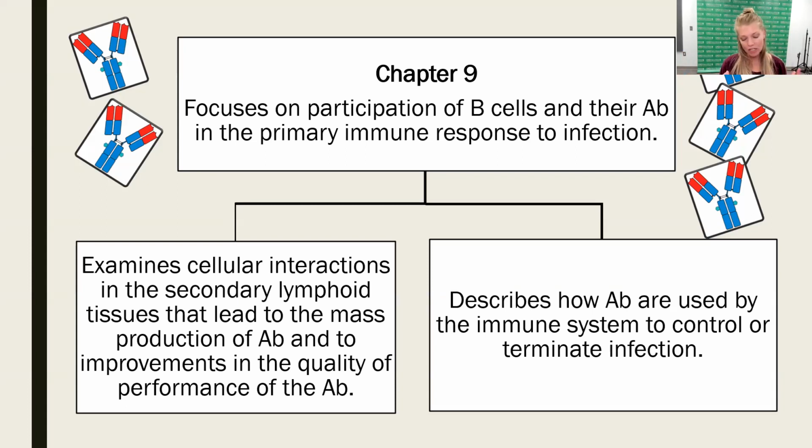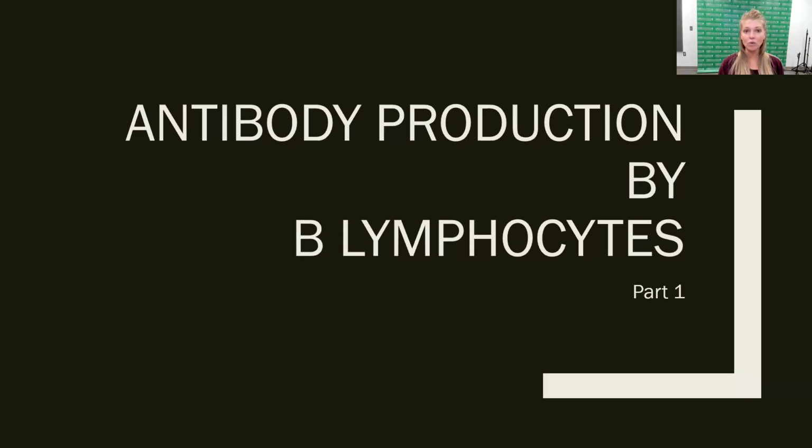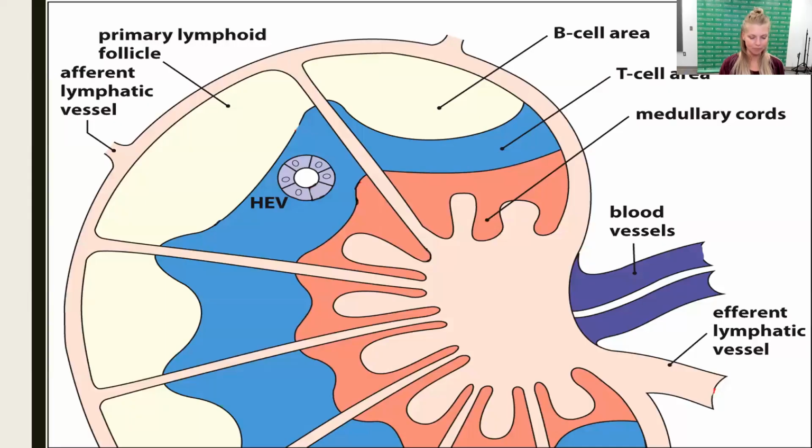So it's everything to do with B cells and antibodies and how they are activated, made, and worked. That's really what chapter 9 is all about. So let's start out with looking at how antibody is produced by B lymphocytes, or rather by plasma cells, if we want to get right down into it.